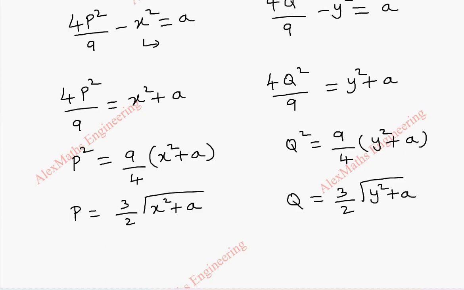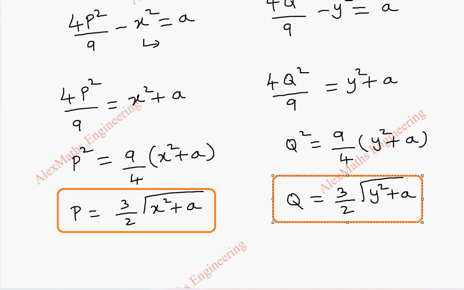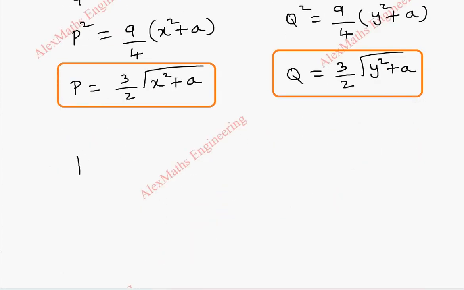So we got p and q, and these two we are going to substitute in the expression dZ equal to P dx plus Q dy.